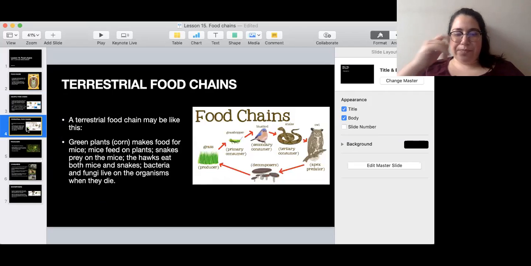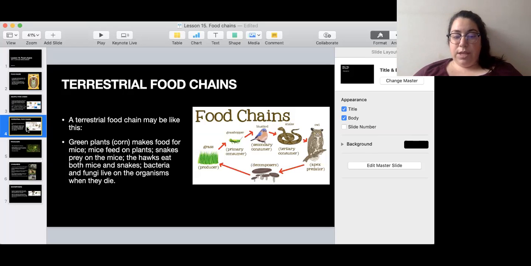Okay. If we're talking of terrestrial food chains that happen on land, you can have an example like this. Green plants, for example, corn, gets eaten by mice. Then a snake eats the mice. Then a hawk, un águila, eats both mice and snakes.